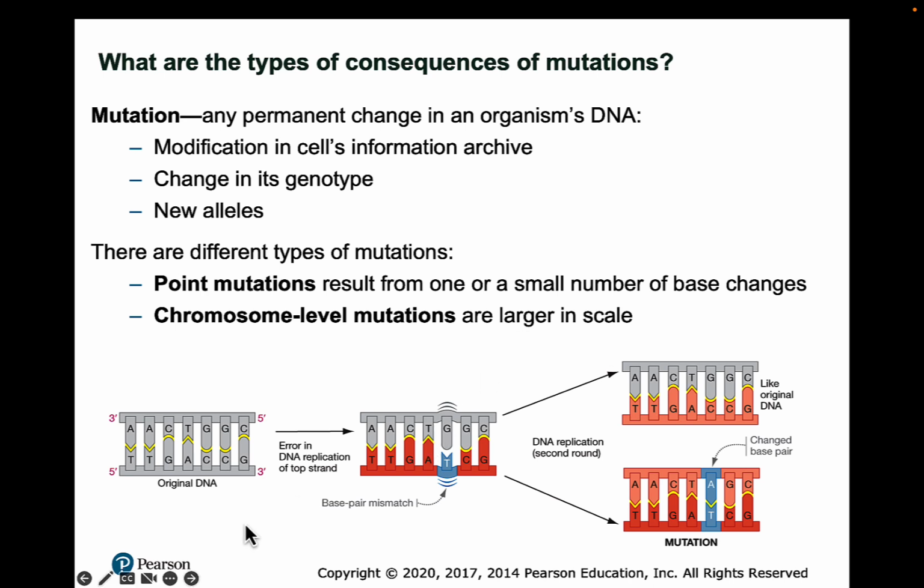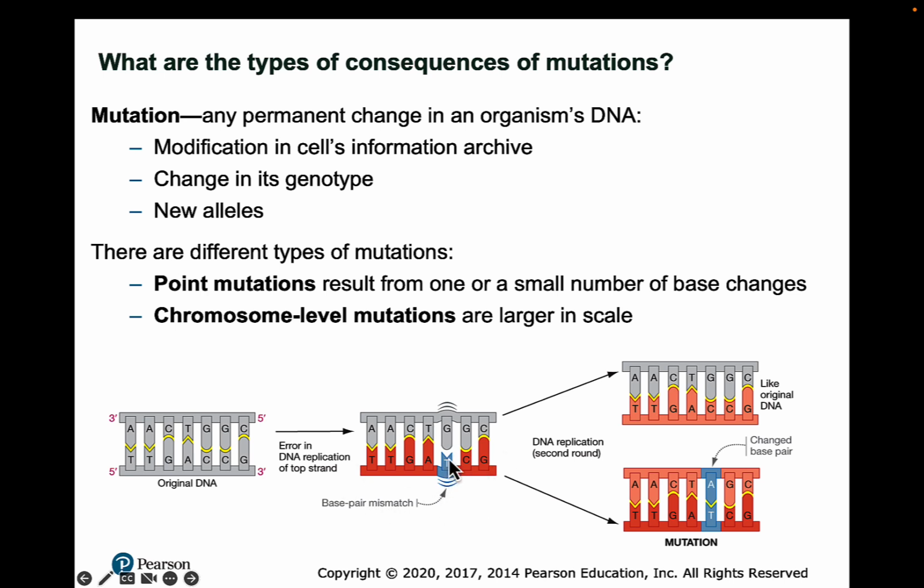A common way to introduce a mutation is during replication, right? Recall that DNA polymerase has proofreading ability, but it's not 100%. Here we have our original DNA, and in S phase we're replicating this DNA. This bottom strand in red represents the replicated DNA.